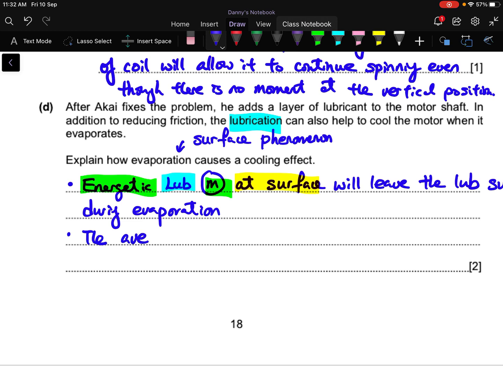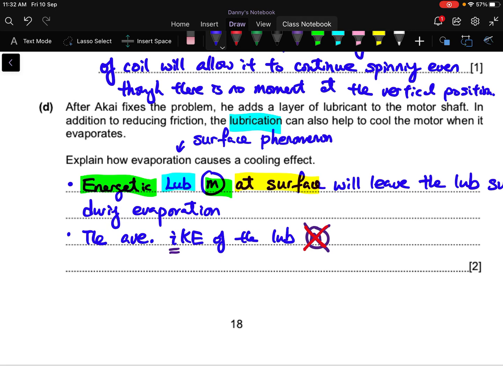So what will happen when the more energetic ones leave the surface? Well, what happens is that the average internal kinetic energy of the lubricant will drop. Notice that I didn't use lubricant molecule, I say lubricant because I have used the word internal over here. So don't use the word molecule.